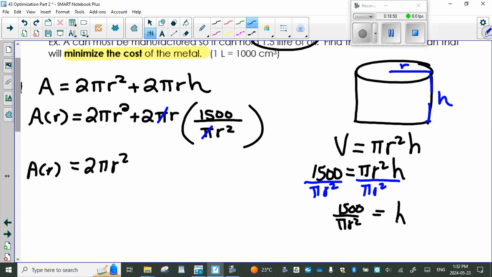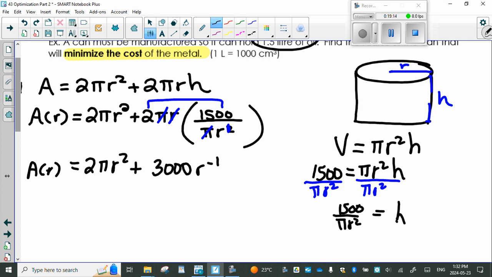So the pi and the pi, agree? How about if I have an r here and an r squared in the denominator? There's going to be 1 r down here, and that's why Vanessa's saying bring it up. And then what about my 2 and my 1,500? Multiply them together and get 3,000 r to the -1.